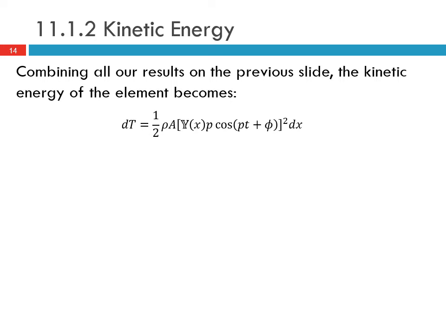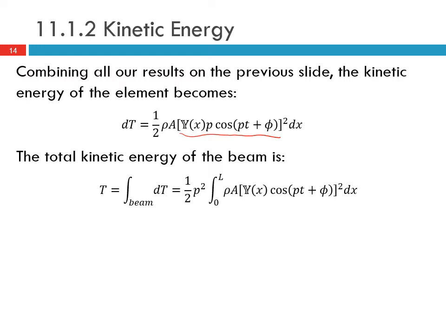Now we combine these results on the previous slide. The kinetic energy of the element becomes dT is equal to 1/2 rho A times (Y of x p cosine(pt plus phi)) squared dx. So the total kinetic energy of the beam is found by integrating over the beam.